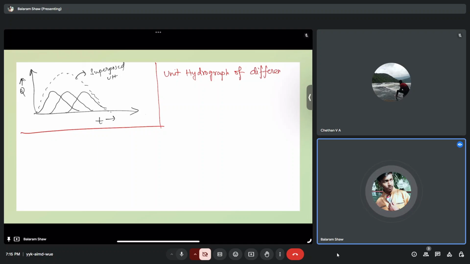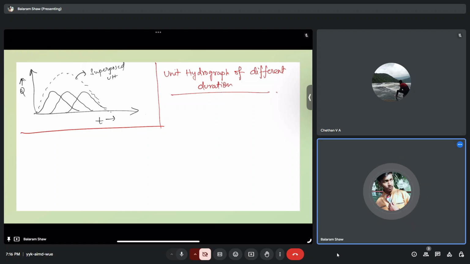We have also seen how you get the unit hydrograph if you have different rainfall, not an isolated storm. It can be different storms with different rainfall excess depths, and from there you can get the unit hydrograph. Methods and all I'm not going into. But let's say you want the unit hydrograph of a different duration.